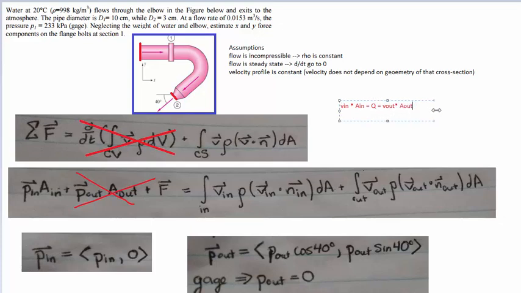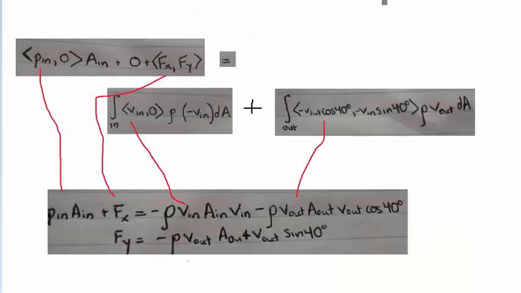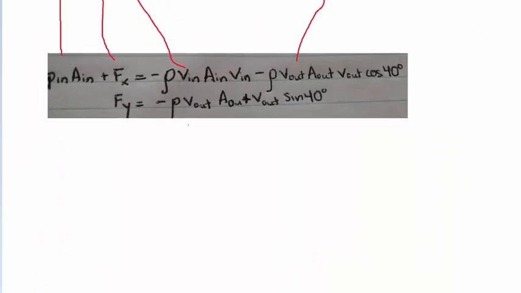So at this point, all you need to do is take this flow rate that we were initially given and find the velocities from the areas. Again, the reason we write everything in the form rho VA V is because this AV is your Q, and this rho times Q is really your m dot.